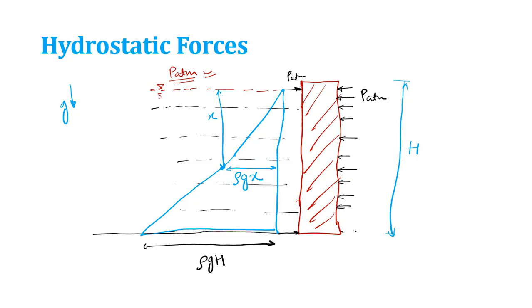So as this P ATM and P ATM from this side, the force due to atmospheric pressure and force due to atmospheric pressure, these two will cancel each other. So the wall will be experiencing a net force due to this pressure only. Okay, this concept is clear now to all of us, because we have atmospheric pressure here and this atmospheric pressure will be cancelled by the one coming from this side, right?